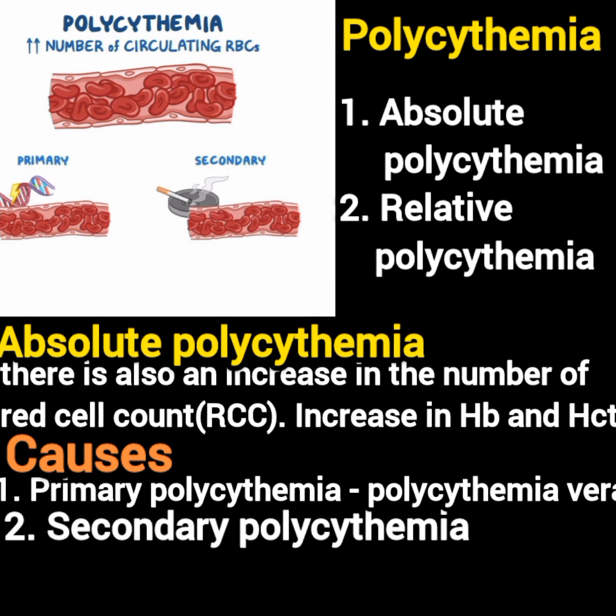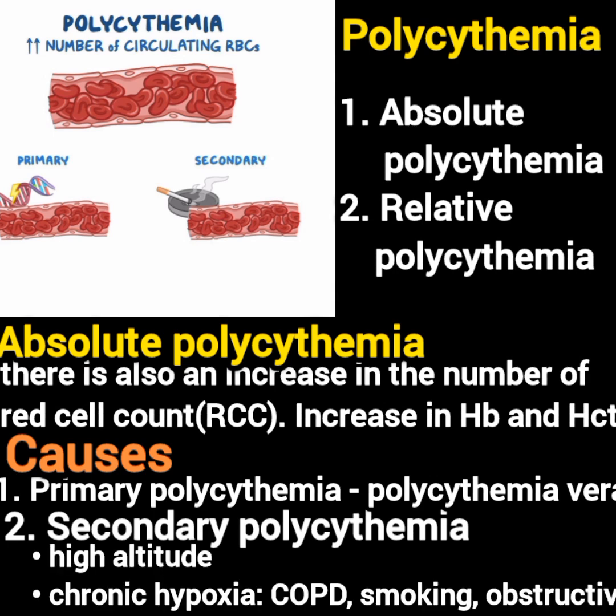At high altitude, the air pressure is lower, resulting in lower oxygen availability. So to compensate, the body adapts by increasing red blood cell production. That will compensate for the low oxygen levels.